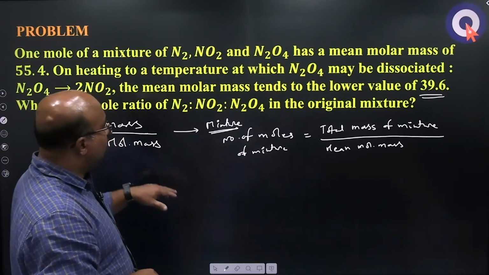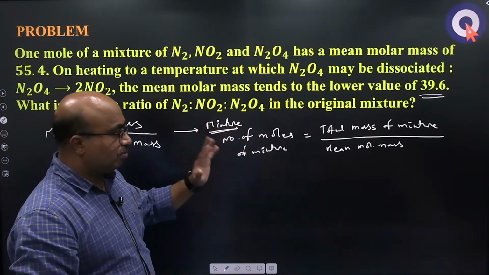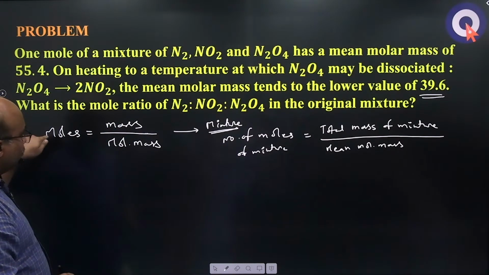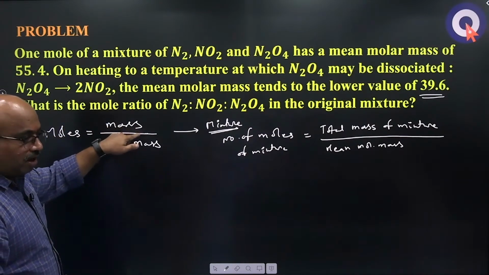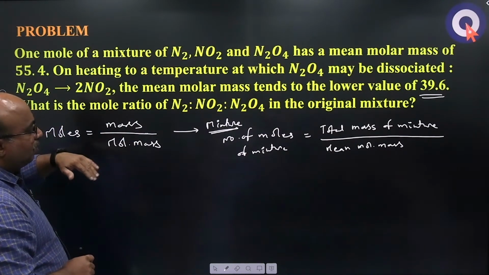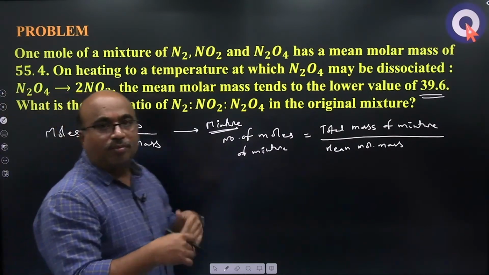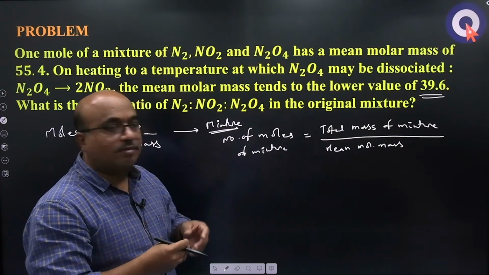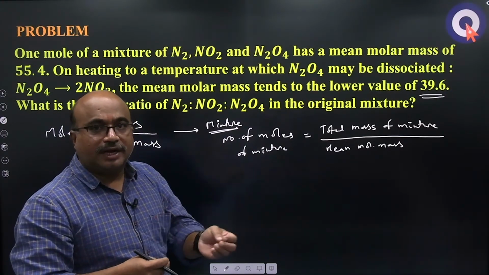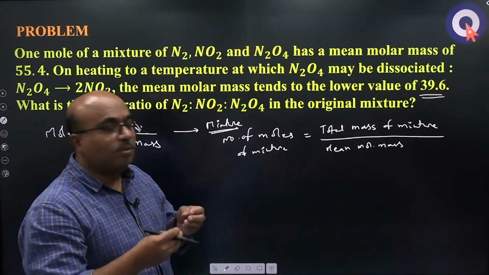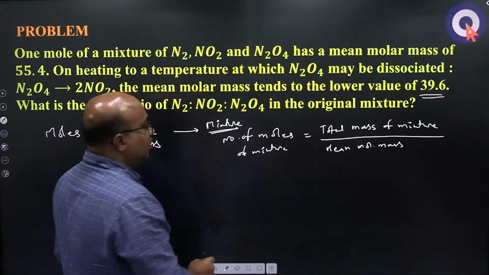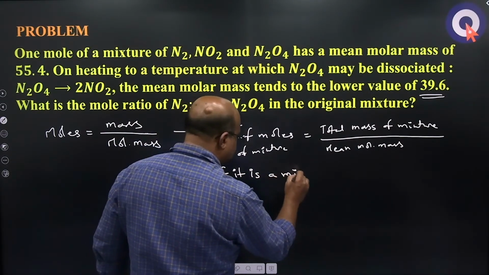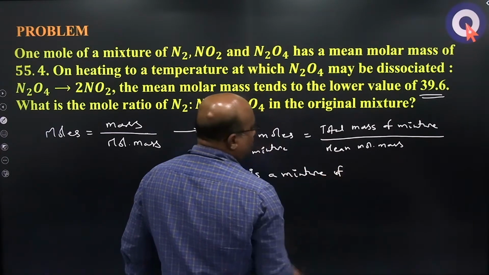But usually we don't know the masses, so we can convert like this. How to calculate mass? Moles into molecular mass will always give the mass of that compound. If you have a mixture of 2 components, then the number of moles of the first component is N1 and its molecular weight is M1, and the second is N2 with molecular mass M2.